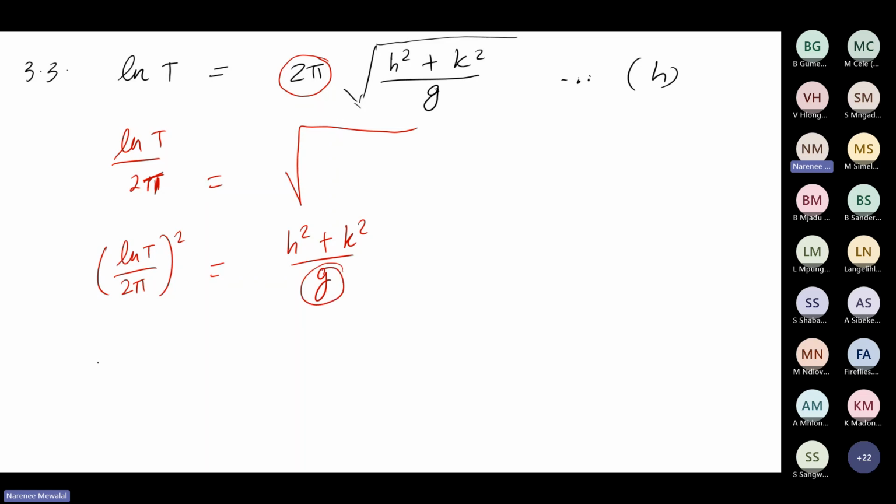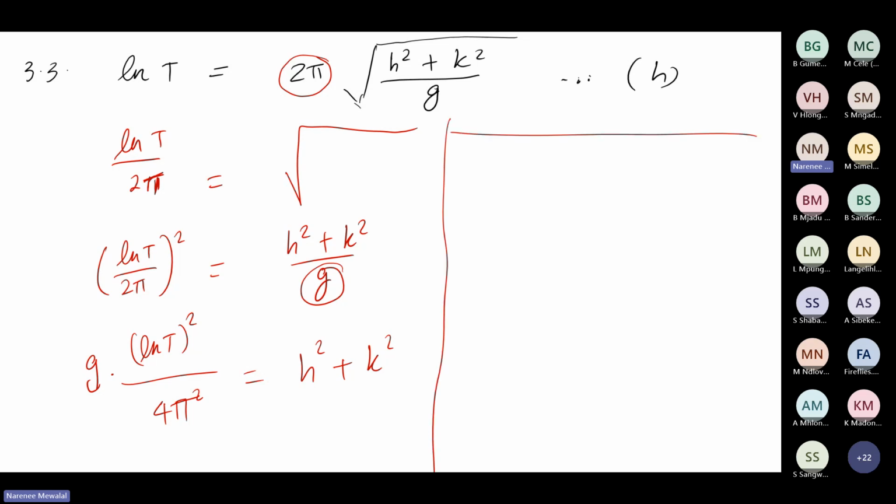So you're going to get g times ln t all squared over 4 pi squared. I just opened out the brackets there, right? Is equal to h squared plus k squared. And then in the next step, you're going to move this k squared over. You're going to subtract it. And then you're going to be left with an h squared. And you want to find h, which means you're going to have to introduce the square root.